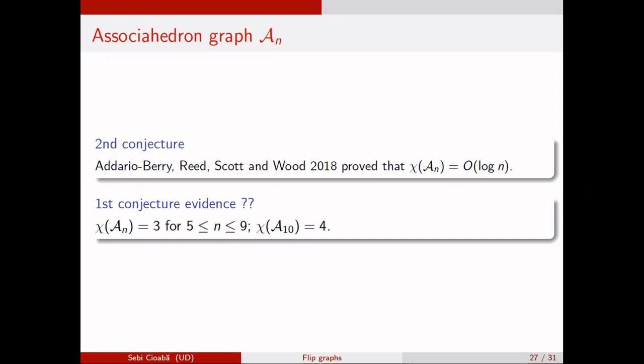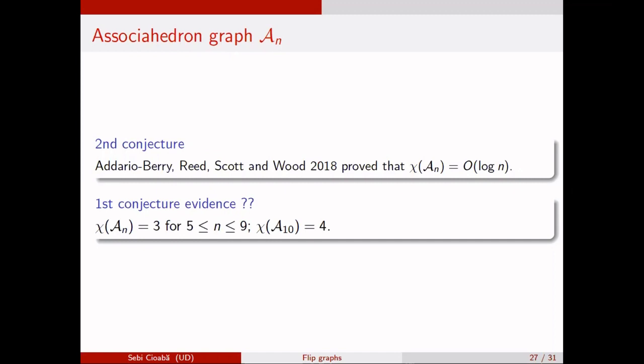For the first conjecture, that's the only evidence as far as I know. The previous authors of the 2009 paper calculated by computer that the chromatic number is 3 for n between 5 and 9, and then at 10 it grows to 4. And we confirm this calculation. Sage can do this type of calculation, but we haven't gone to the chromatic number of A11.